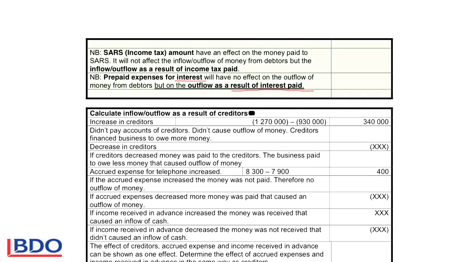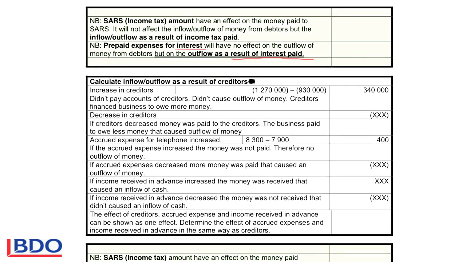If we look at our creditors, we must determine whether the creditors increased or decreased. So we will look at the creditors for the previous year and for the current year. And if we do that, we see that there was an increase in my creditors for the current year.